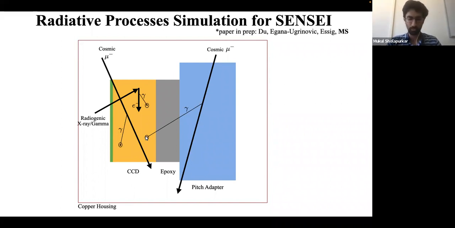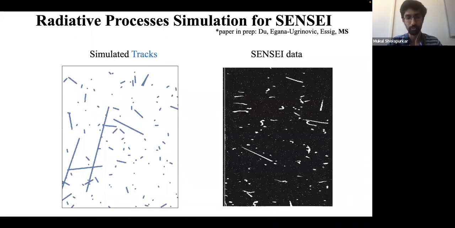In this simulation, because of time, I won't be able to go into all the details, but we are trying to take into account all the detailed effects as much as possible, like reflection at surfaces, refractions, absorption lengths of different media, doping levels and so on. All these things play a part in the simulation. So taking into account all this, we are trying to estimate how much these processes are contributing to the event rate that Sensei observed.